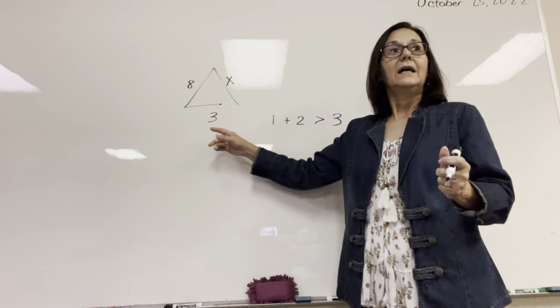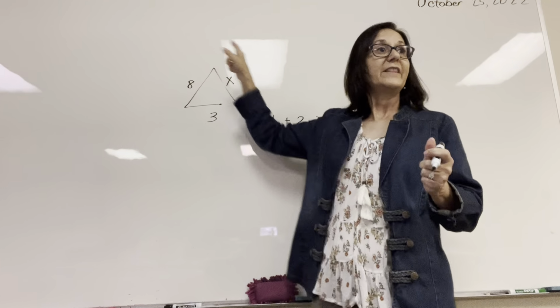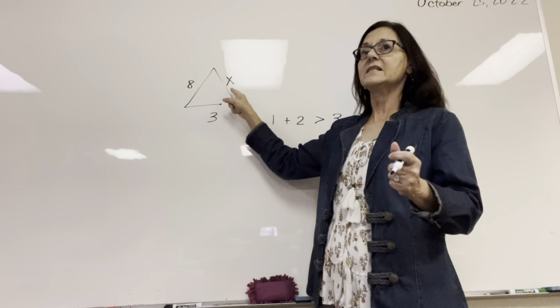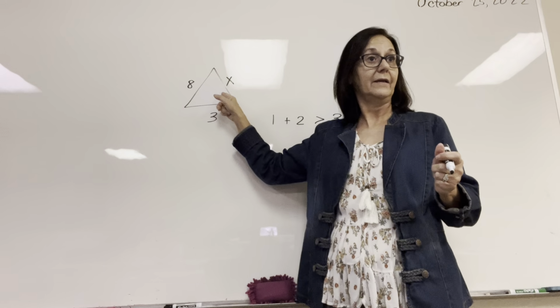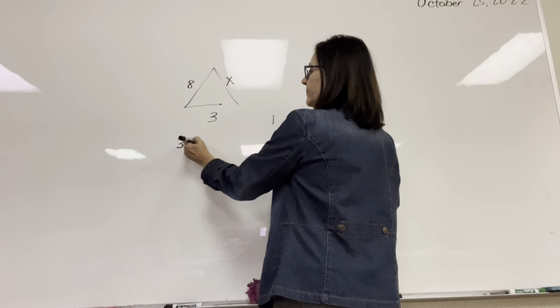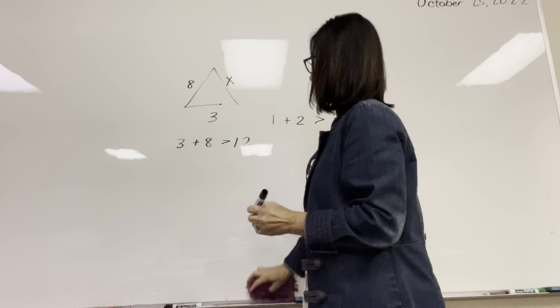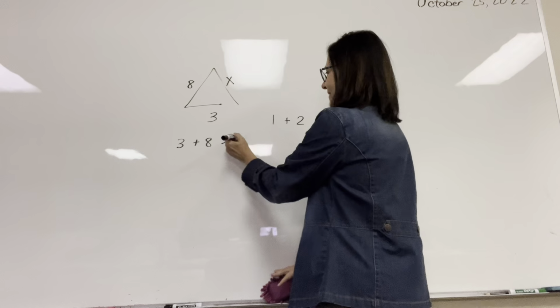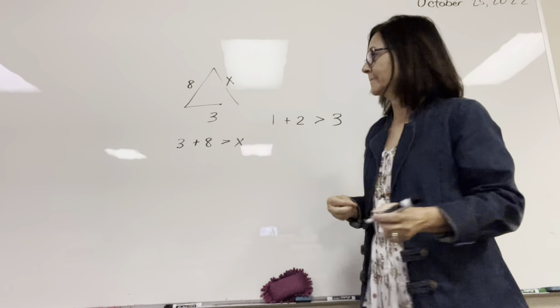All right, so let's write this equation for these sides and see what our possibilities for the lengths of x would be. The lengths of any two sides, 3 plus 8, has to be greater than x.